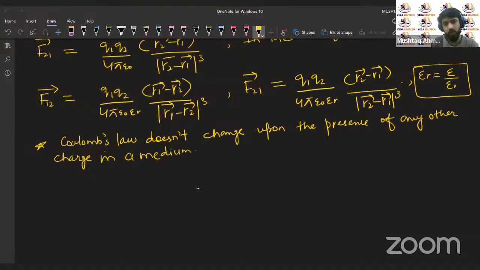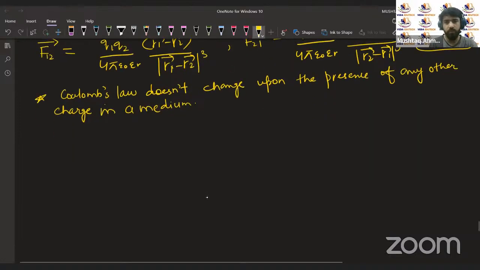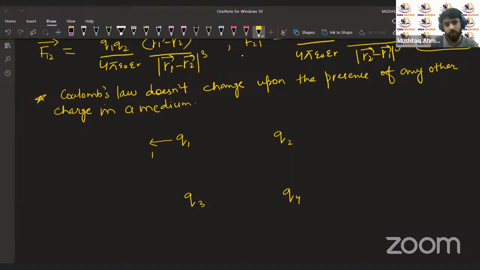If we have n number of point charges placed in a medium, suppose this is Q1 here, this is Q2, this is Q3, and this is Q4. Suppose the force on Q1 because of Q2 is given by the F2 vector, the force on Q1 because of Q3 is given by the F3 vector, and the force on Q1 because of Q4 is given by F4.